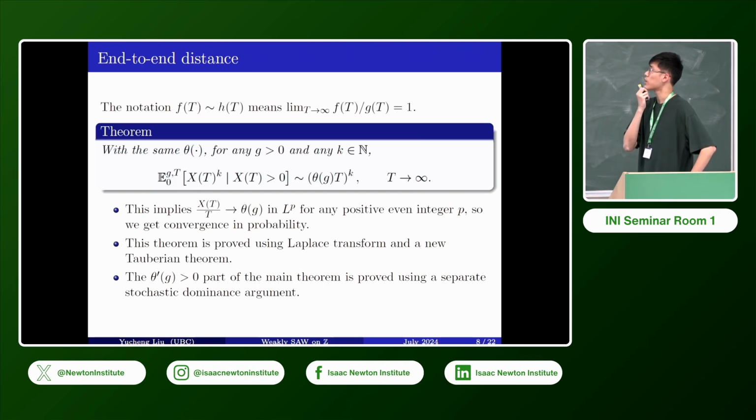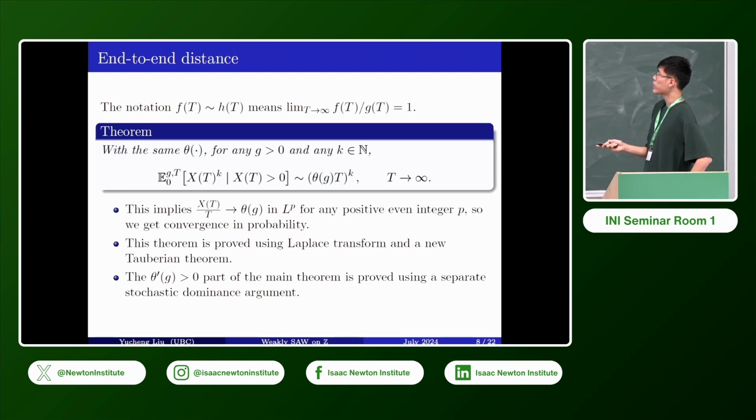So what we will do is take the Laplace transform and get asymptotics in the frequency space, the Laplace space, and then we use the Tauberian theorem to pull back the asymptotics to the x space, or the time space. Once we prove that, the theta prime bigger than 0 part of the main theorem is proven using a separate argument, which uses stochastic dominance, which I will talk about.